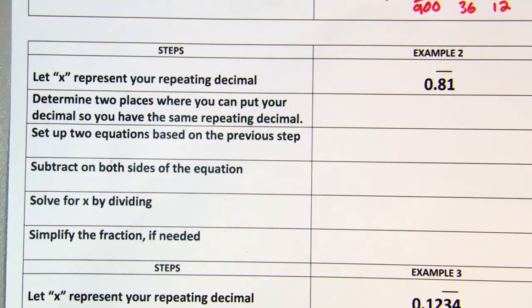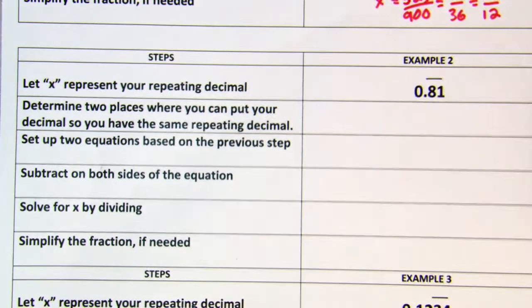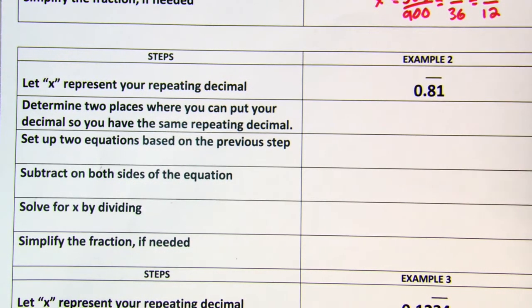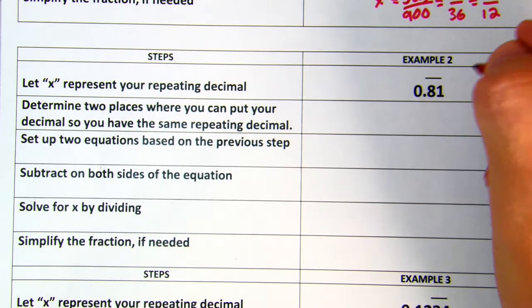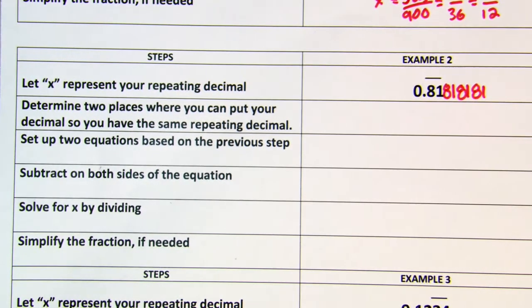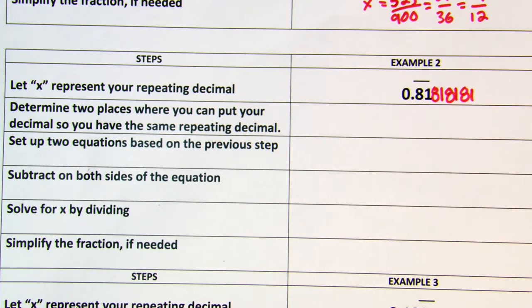We have 0.81. Again, you do not have to write down all these steps, just make sure they're written down once. But you do have to make sure that you're writing down all the examples. So my 0.81 repeating looks like this. Again, I have to place my decimal once before the repetition starts and once after.